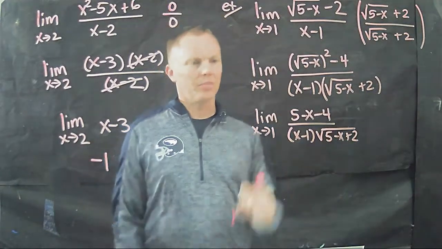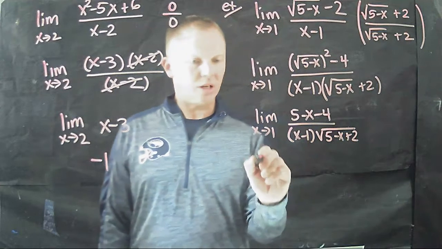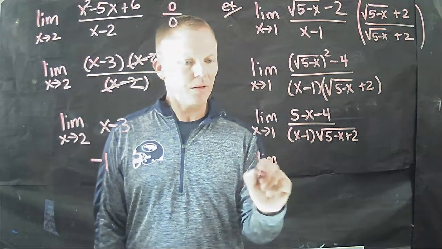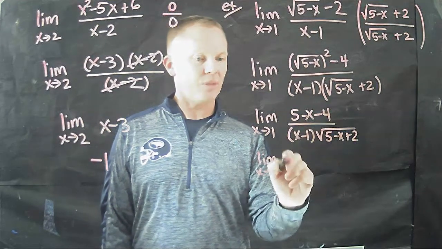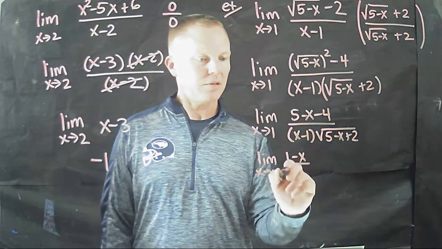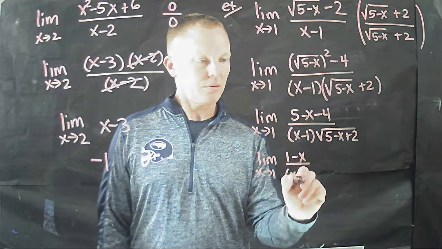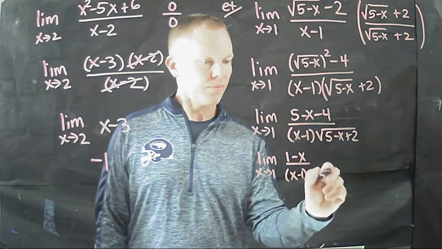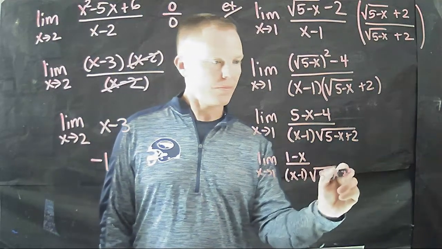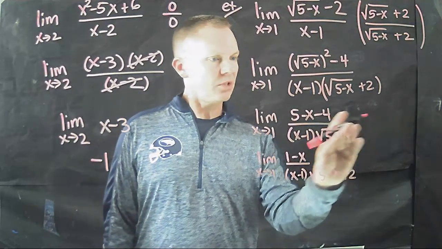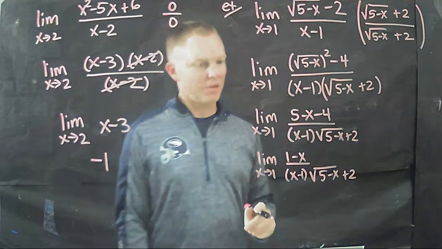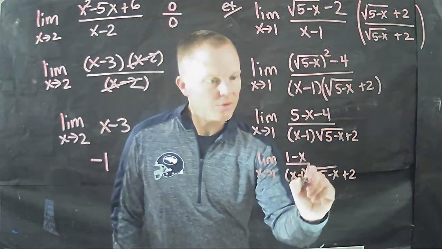Okay, and then I do some quick arithmetic here, and I say, oh, 5 minus x minus 4 is the same as 1 minus x. Whoops, that 2 got snuck under that radical there, and I didn't mean to. Put parentheses there.